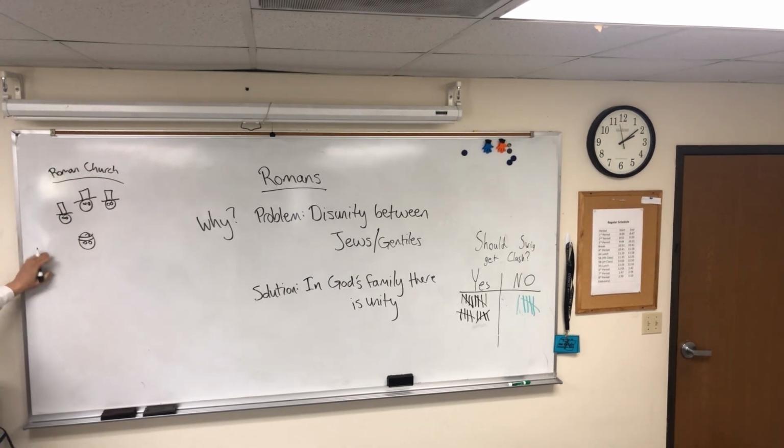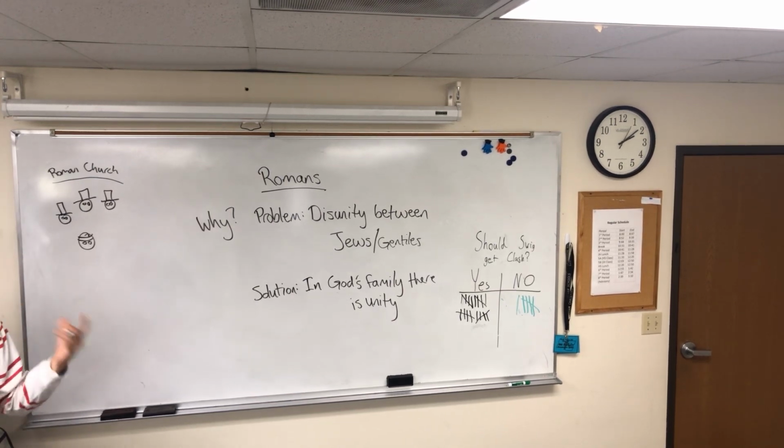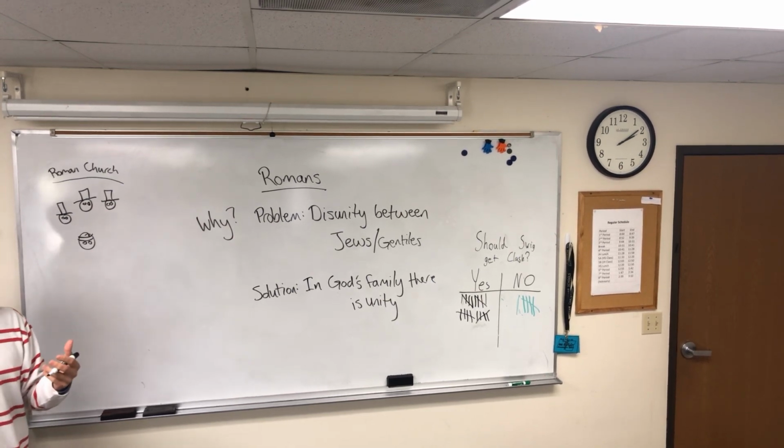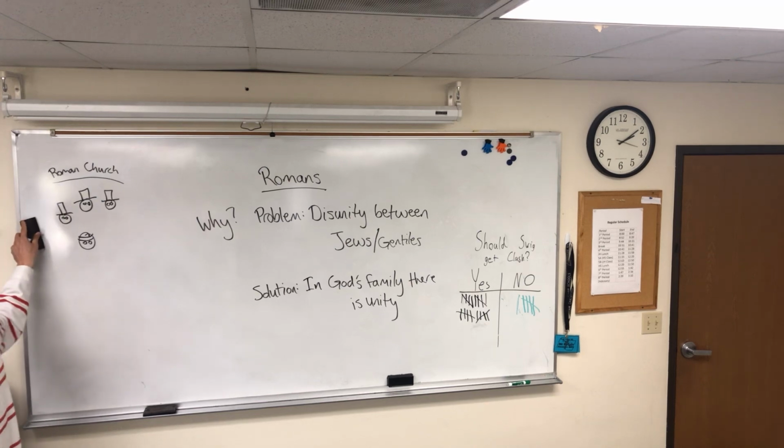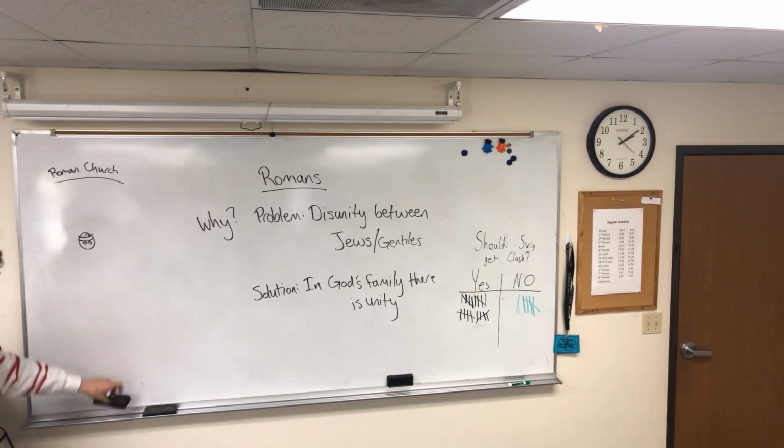And eventually, though, the Jews got kicked out, and this would have included Jewish Christians because they were Jews, but they were also Jews who believed that Christ was the Messiah. But Claudius, the emperor in Rome, kicked out Jews because there was problems. So all the Jews in the Roman Christian church are kicked out of Rome.